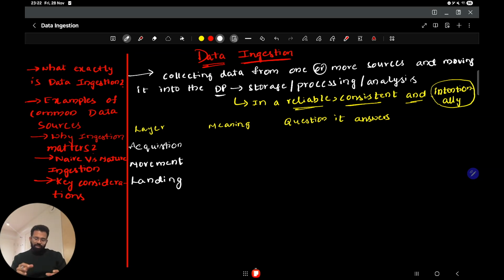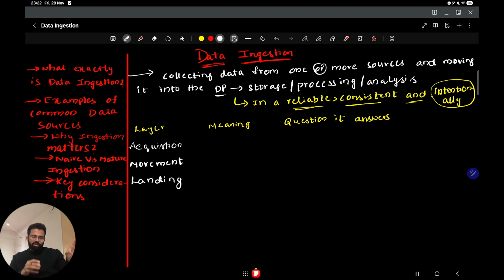So what these 3 layers indicate is a 3-step process. Here there will be your source systems, and then your data platform on the other side. What you do in the middle represents all these 3 layers.